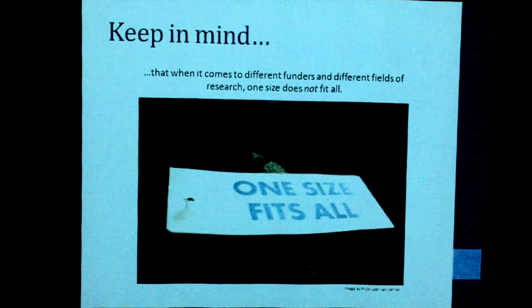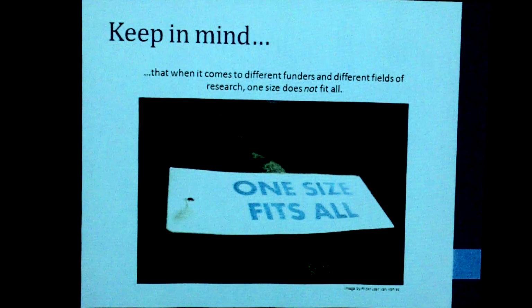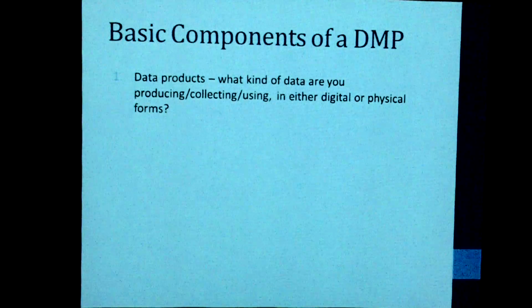There are lots of different requirements depending on where you're asking for funding and what field you do research in, with very different practices in different fields in terms of what is done with data and how it's shared. So we'll talk about general things that can apply to everyone, and I'll also point you to some other places that you can get additional help for finding stuff that is more specific to an area you might work in. So we'll talk a little bit about some of those generalities that we can all sort of agree upon.